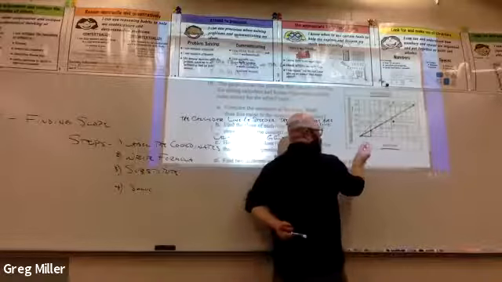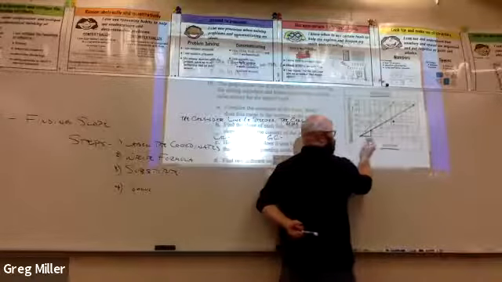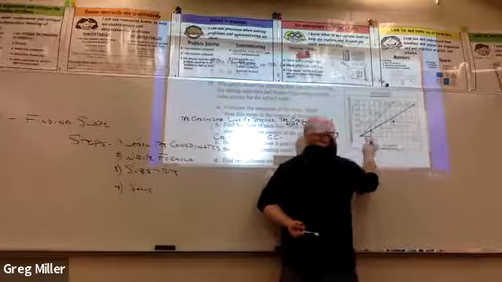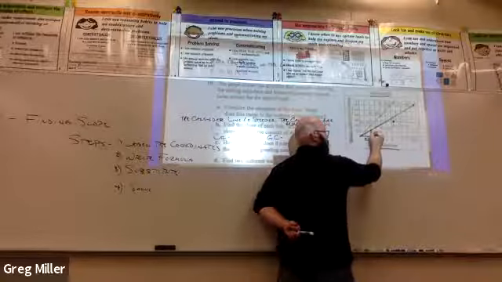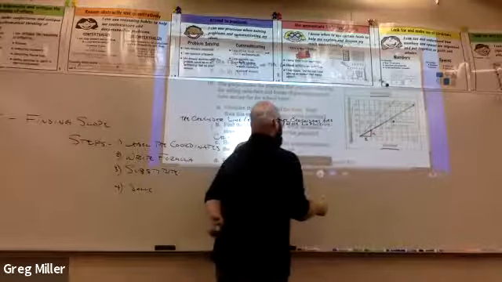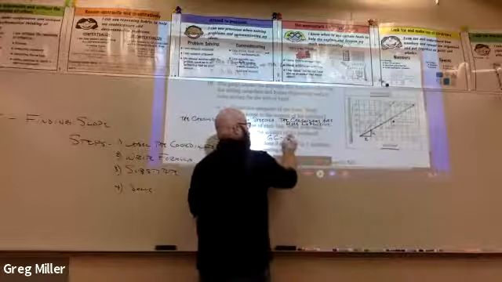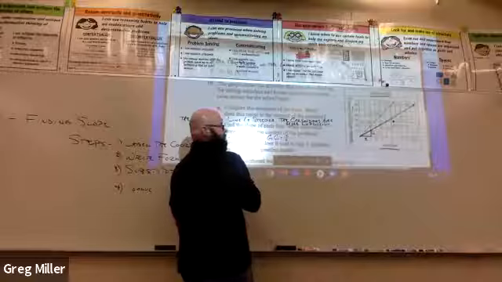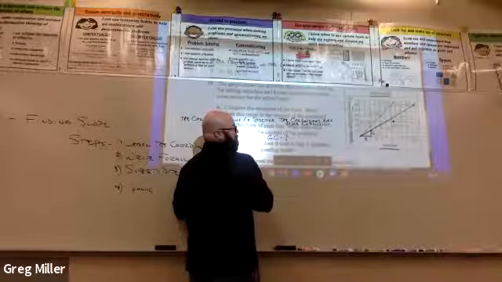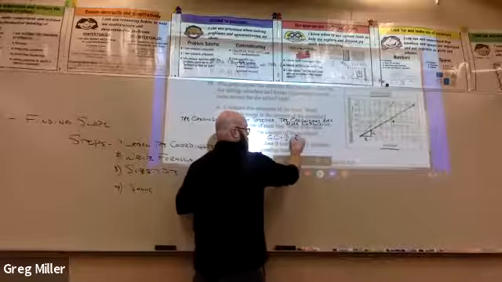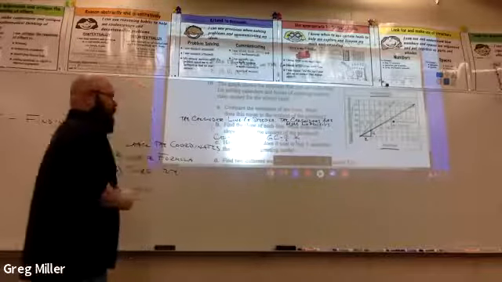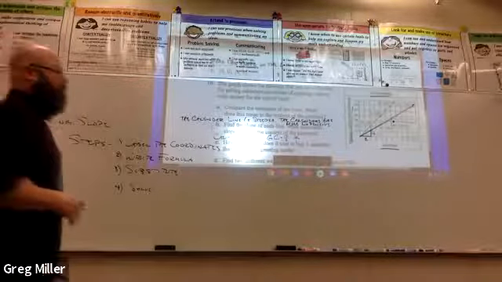So what's my run? 2, right? We're counting by ones on the bottom, so there's 2. What's my vertical height? 12. Good job. So rise over run is 12 over 2, which is what? 6 over 1. Okay, so my greeting card slope is 6 over 1.